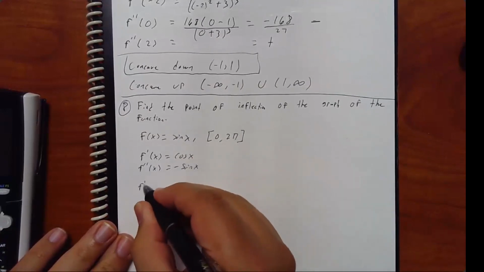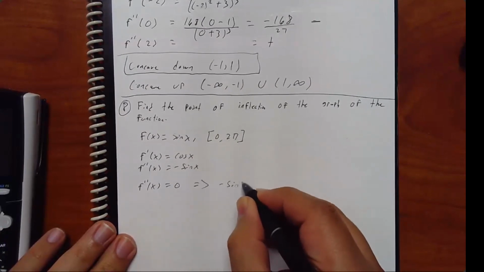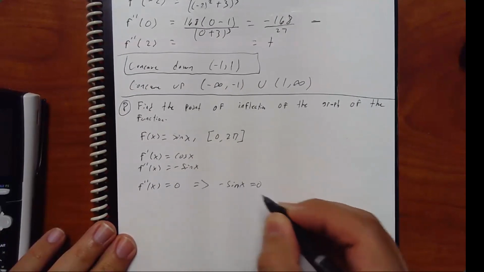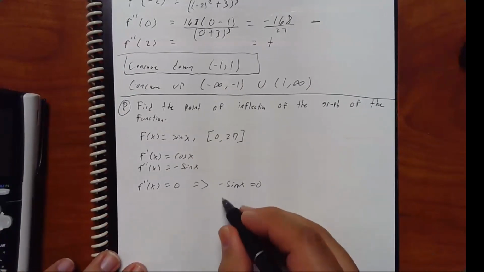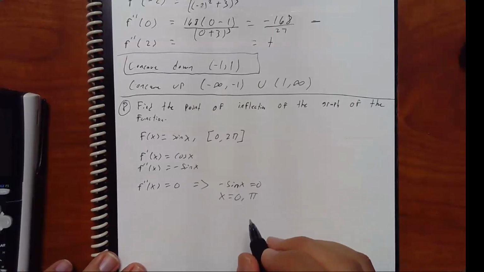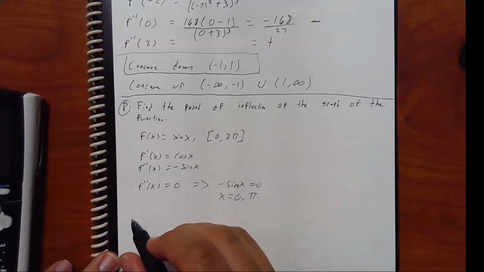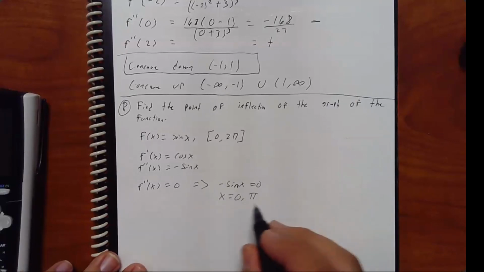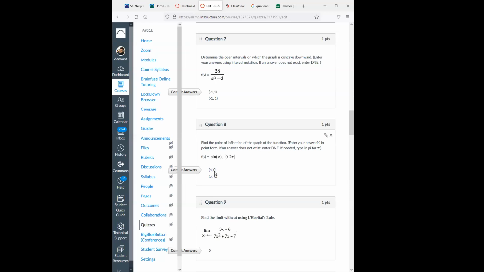So when is the negative sine equal to 0? On the unit circle, this only happens at 0 and pi. So the answer is just this. They wrote pi as pi, 0.